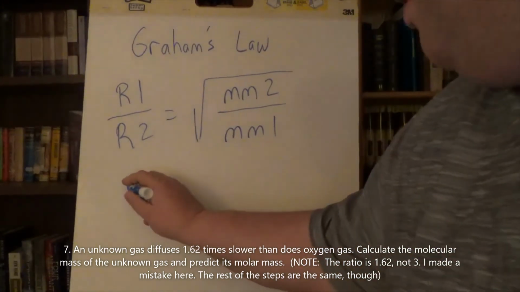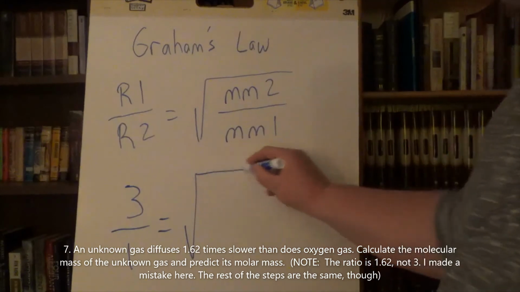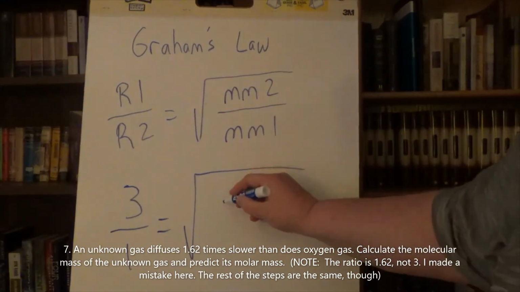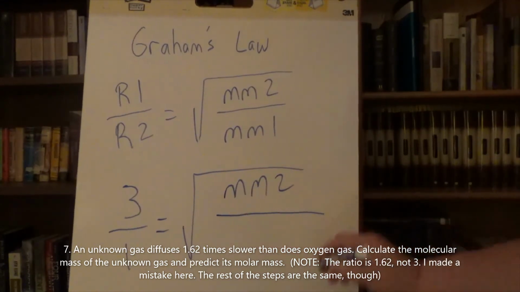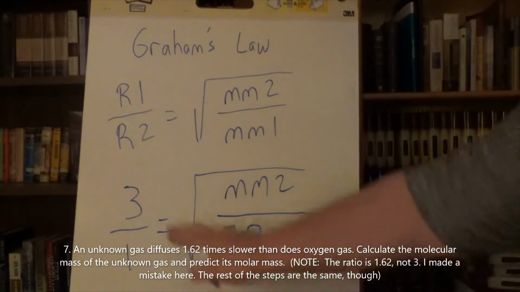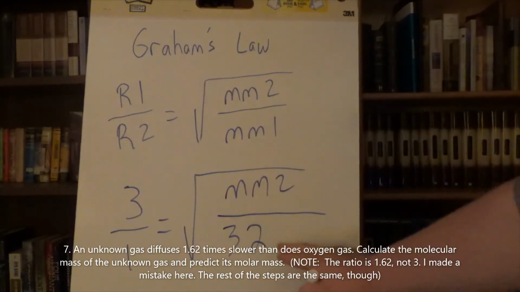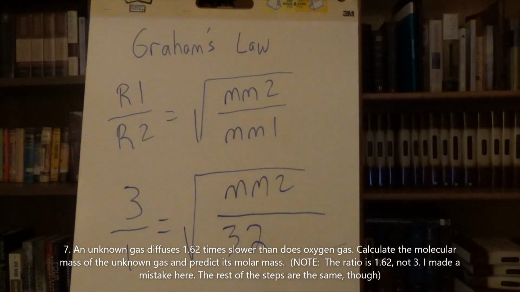That means 3 over 1 equals radical MM2, which is going to be my unknown, because that's this one, over the molar weight of oxygen, which is 32. All right? The 3 is oxygen here. The 32 is oxygen here. They are inversely proportional, like we talked about. Now, same deal as before. You solve for MM2.